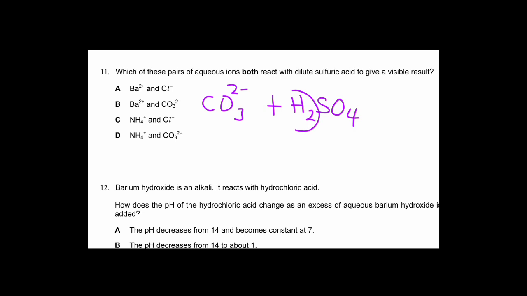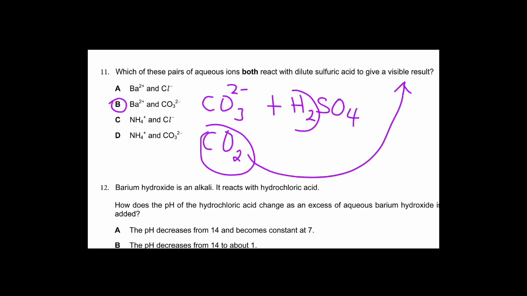Now, when we extract one oxygen atom from a carbonate, we are going to remain with carbon dioxide. This carbon dioxide is the one which is going to be given out in the form of bubbles. Therefore, we are going to see that there is effervescence in solution. So this is likely to be the answer.